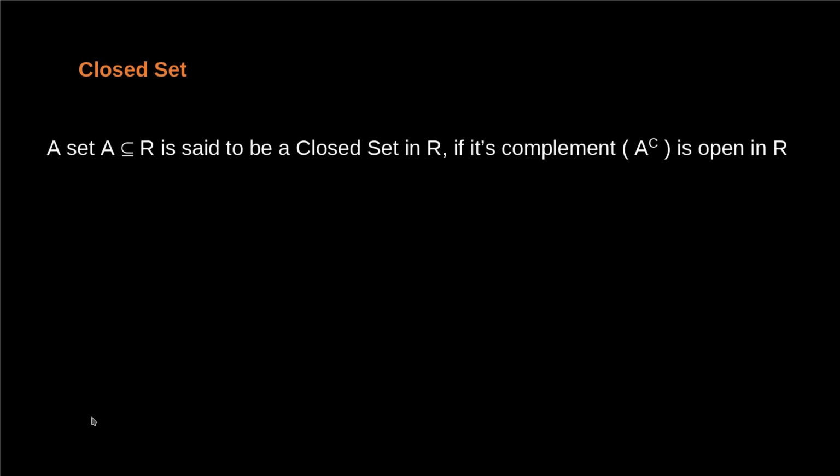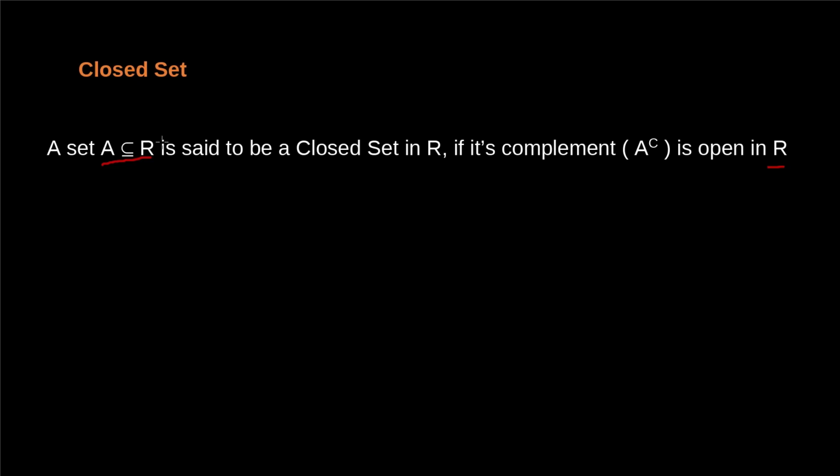And next we are going to discuss the closed set. A closed set is defined as follows: a set A, which is a subset of the real numbers, is said to be a closed set in R if its complement is open in R. So here the closed set is defined in terms of the open set.